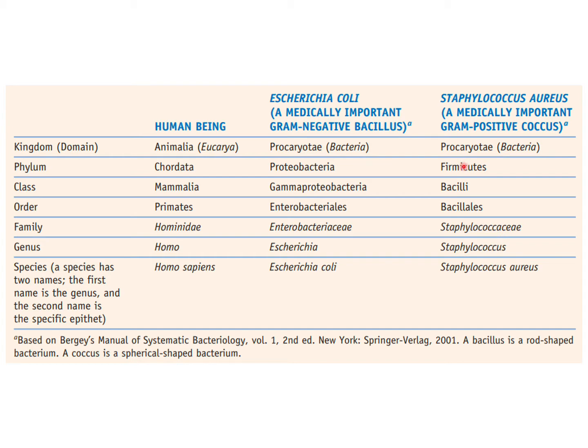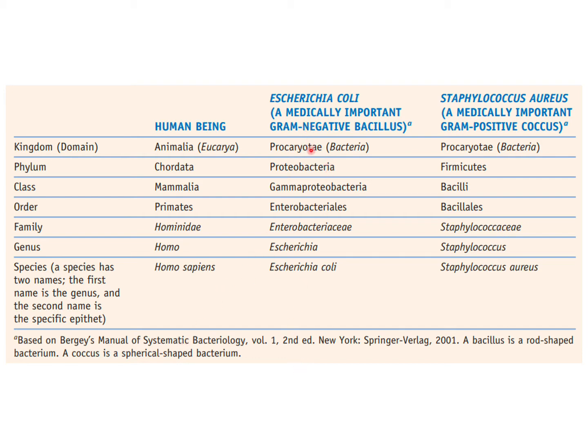So, for example, your Staphylococcus aureus belongs to kingdom Prokaryote, phylum or division Firmicutes, class Bacilli, order Bacillales, family Staphylococcaceae, genus Staphylococcus, species aureus, and if you have the subspecies, you have Staphylococcus aureus subspecies aureus. Okay? So that's it.